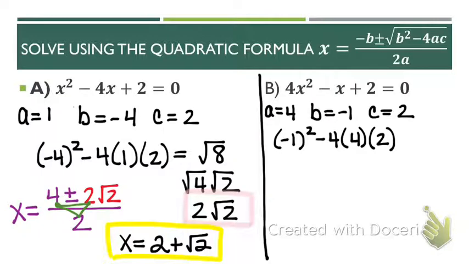Okay, so type that in your calculator. Let me see if I can do this without a calculator. Okay, so 16 times 2 is 32. So I think you get -31. But again, I'm not using the calculator.